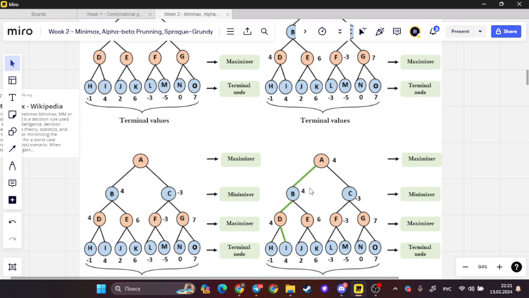Okay, and in the next layer, we can make this analysis one more time. That's fine. 2 to the power of 32.